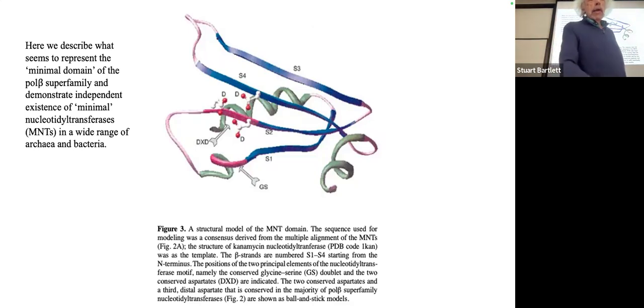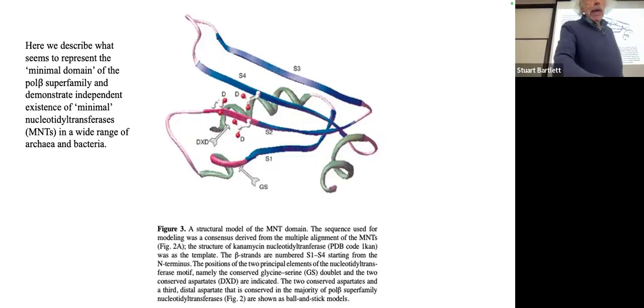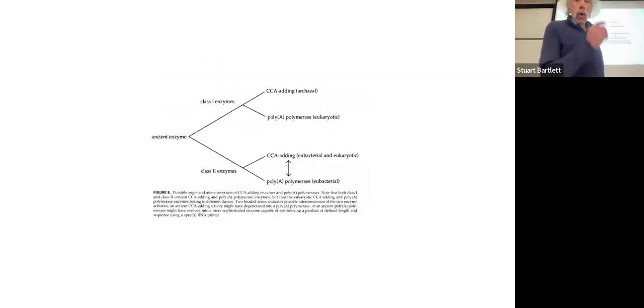And here, this is a paper by Kuhnen and Aravind. Here we describe what seems to represent the minimal domain of the poly-B superfamily and demonstrate independent existence of a minimal nucleotidyltransferase, MNT, in a wide range of archaea and bacteria. And here is the MNT, and you could see it's related to the CCA enzyme and a whole bunch of other things. And I'm going to now show you what Wiener claimed.